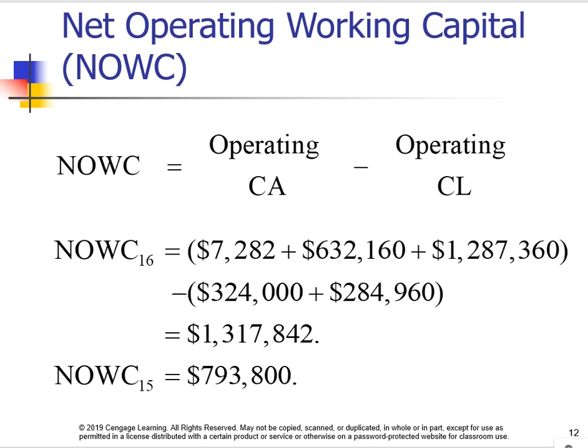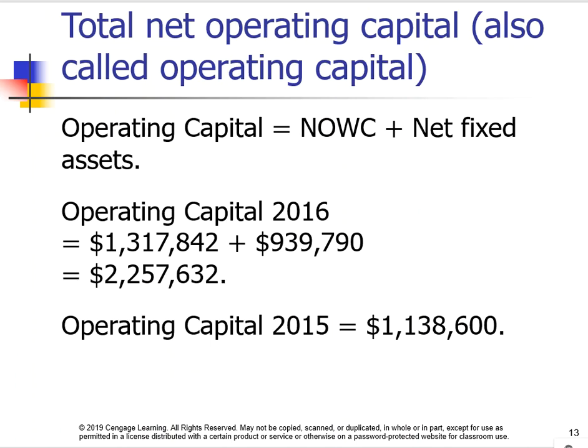So if we look at the balance sheet on page 97, cash we want, short-term investments we don't want, accounts receivable and inventory we do want. So this is cash, accounts receivable and inventory, and that's 1,317,842 in 2016, and it's 793,800 in 2015. And then to that we add the net fixed assets, and that's just taken straight off your balance sheet.